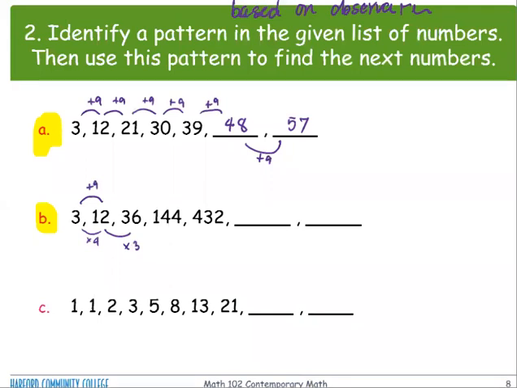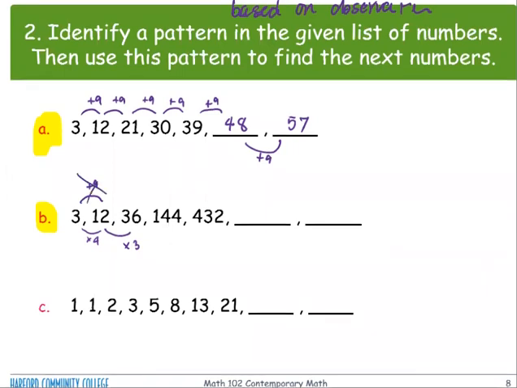And how about 36 to 144? How to get from 36 to 144? So adding by 9 is out for this one.